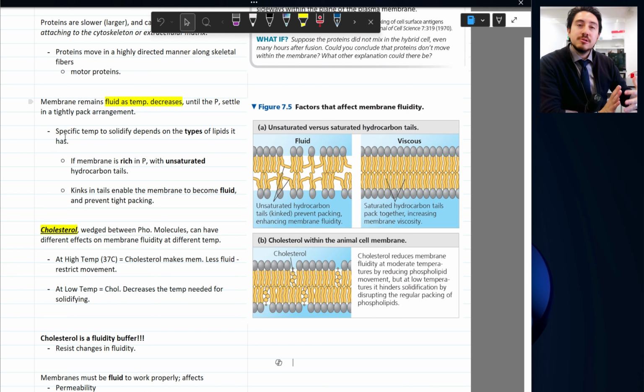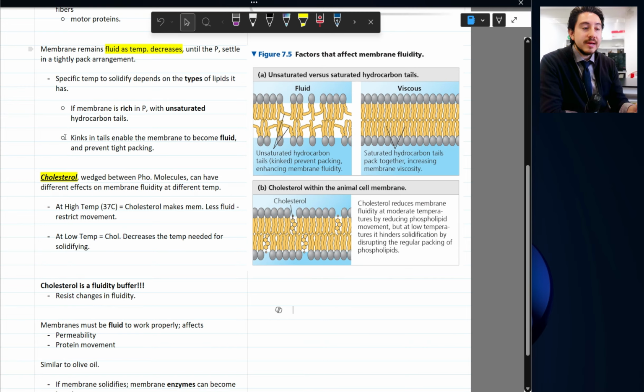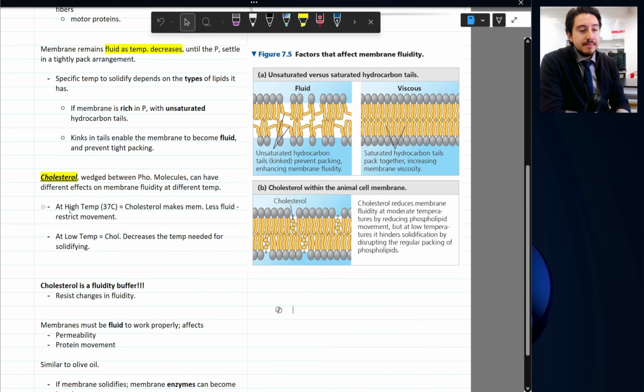And it can't be too packed either, or else material won't come in and out. So it's very important for a cell to be able to regulate this level of fluidity, and the way that it does that is by cholesterol. We're going to get into it in a little bit.